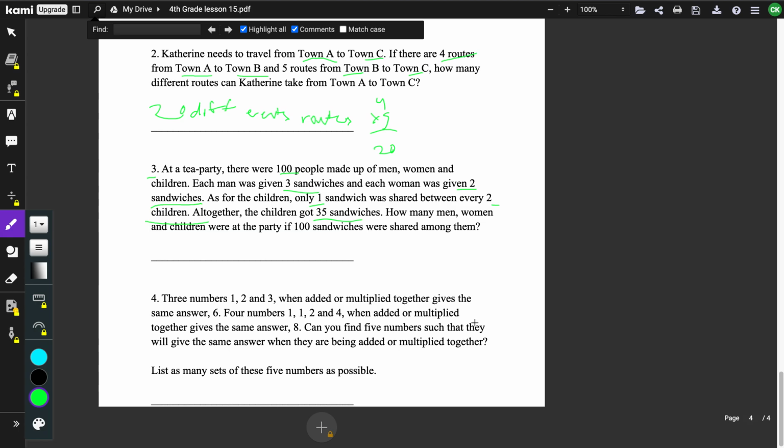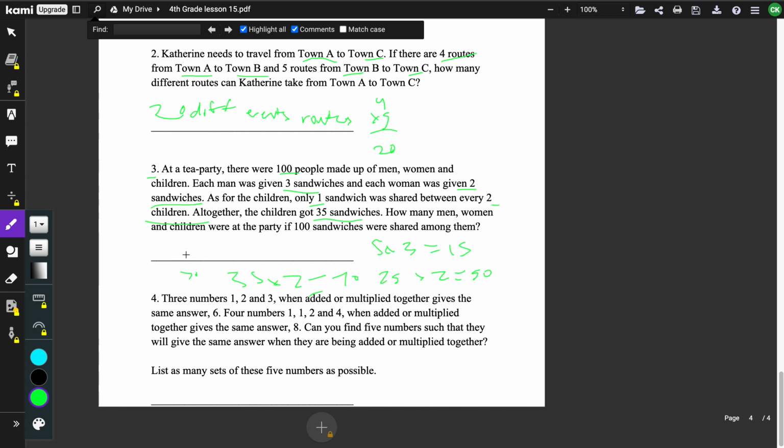So we would have to do 5 times 3, which would give us 15 sandwiches for the men, and then 25 times 2, which would give us 50 sandwiches. So we're just doing 15 divided by 3, giving 5 men, and then 50 divided by 2, giving us 25 women. For the children, we could do 35 times 2, giving us 70.